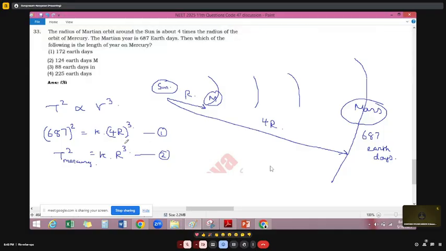My job is to show you how easy it is. If you listen carefully, you will see that if I studied this, I could easily apply it and get the answer. Equation 1 divided by equation 2. K goes away, R cube goes away. So this will be 4 cubed. So T squared comes on this side, and 4 cubed goes to division. So 687 squared divided by 4 cubed.